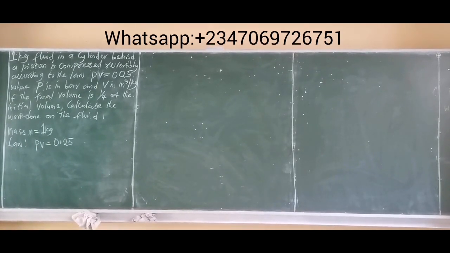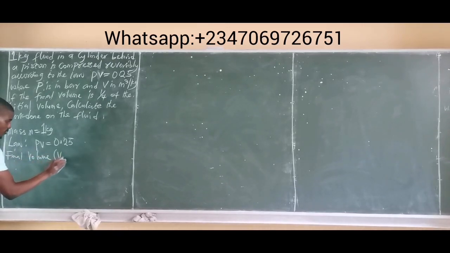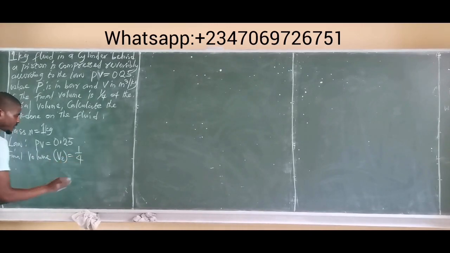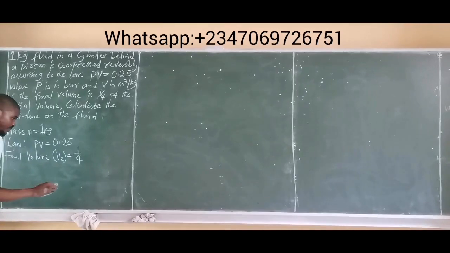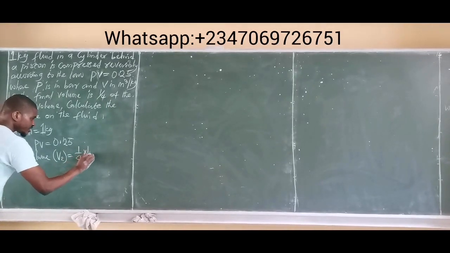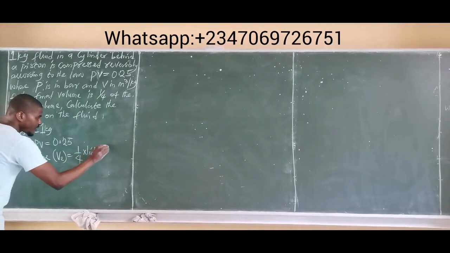And a condition was stated here. It says if the final volume is 1 over 4 of the initial volume. So you have final volume V2 is equal to 1 over 4 of the initial volume.